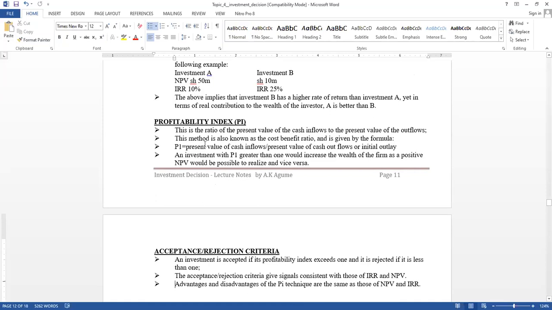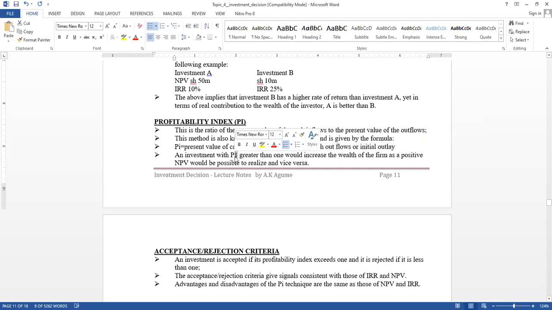So in other words, you are looking at the cost benefit ratio. And how do you get the PI? You need to get the present value of cash inflows divided by present value of cash outflows or initial outlay.